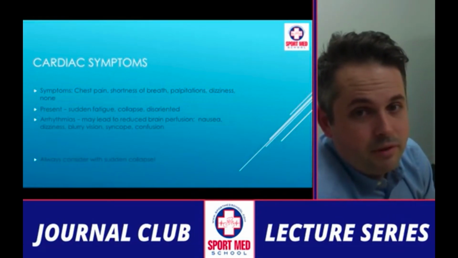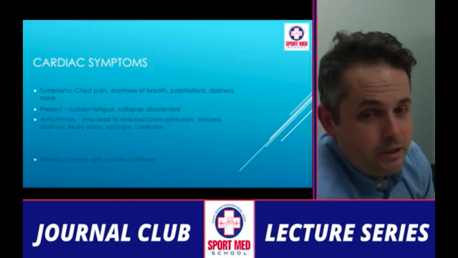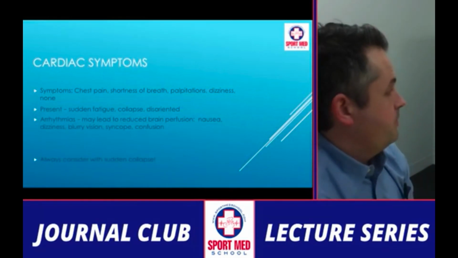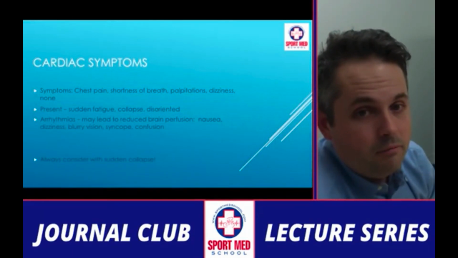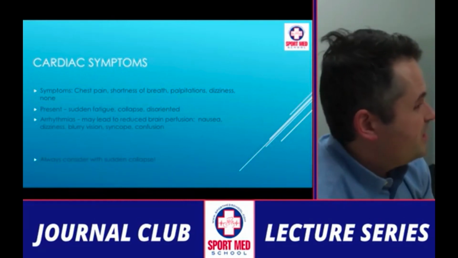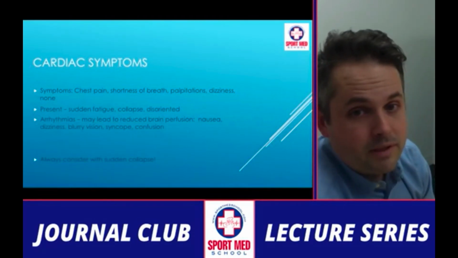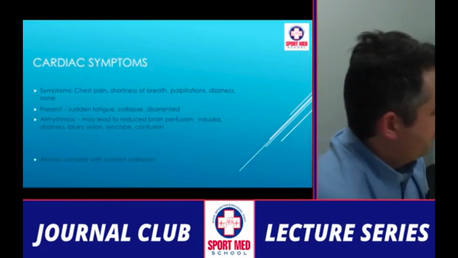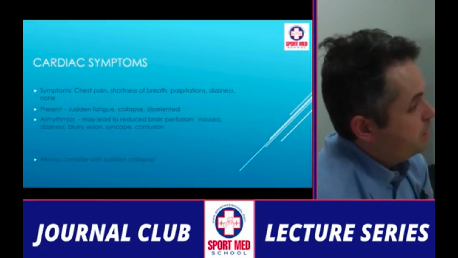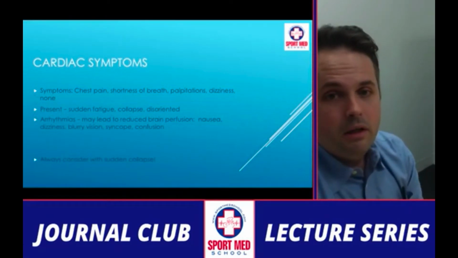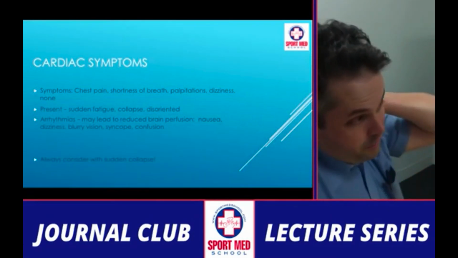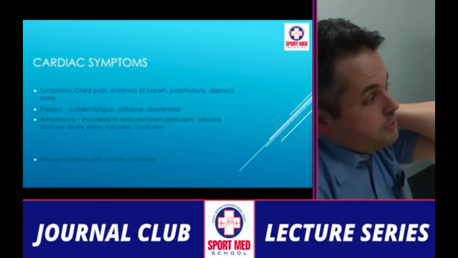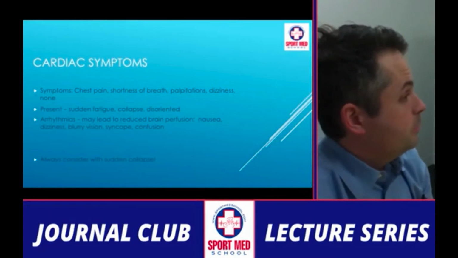Arrhythmias can lead to reduced brain perfusion, which can give an individual symptoms of feeling profoundly sick to their stomach, vomiting, dizziness, changes in vision, syncope, so passing out, and confusion. It makes your assessment that much more difficult, but that's why I want you to consider a cardiac cause for that acutely confused or disoriented athlete, and obviously always to consider it when we have a sudden collapse episode.